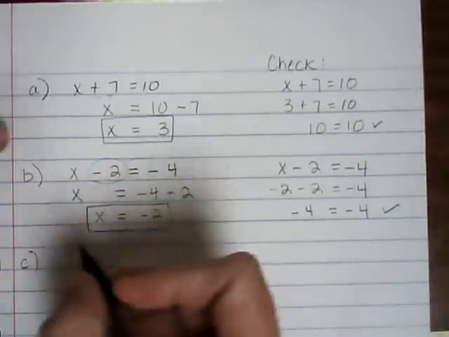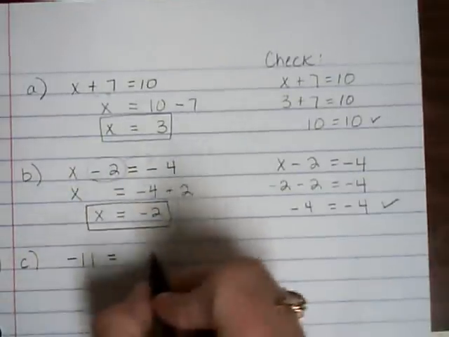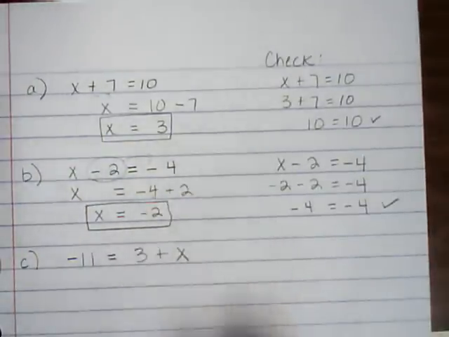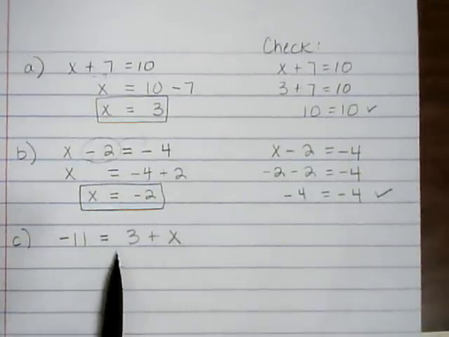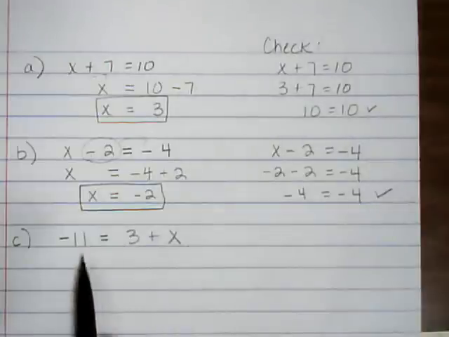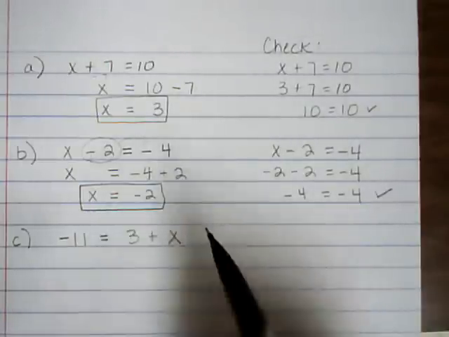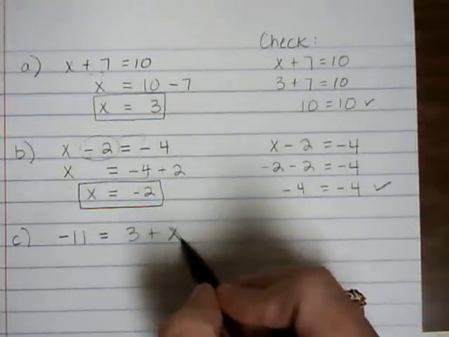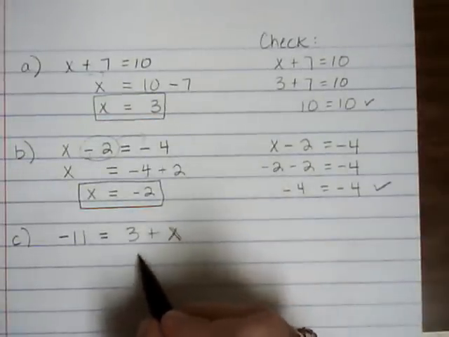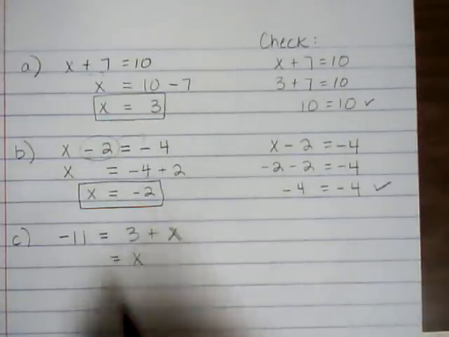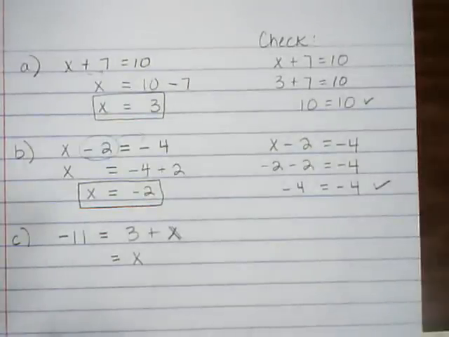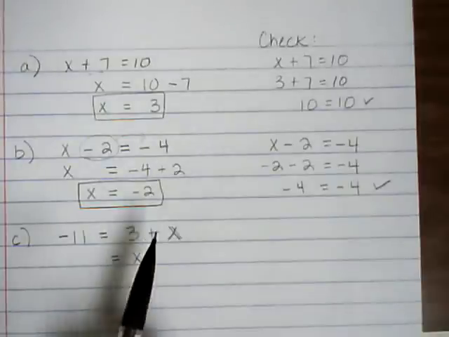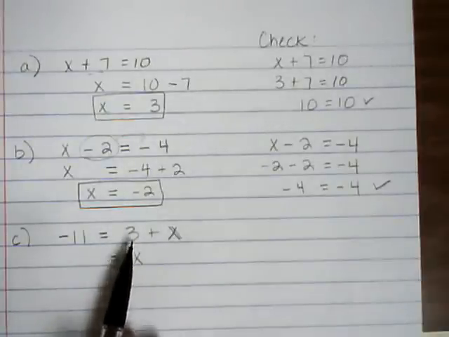C is negative 11 is equal to 3 plus x. Again, same thing. No fractions, no parentheses, no like terms. I only have one variable term, so I'm going to keep it where it is. I just have an x right there. So that means which number do I need to move? I would move the 3. It's a positive.